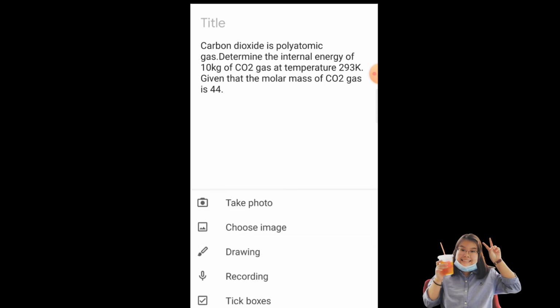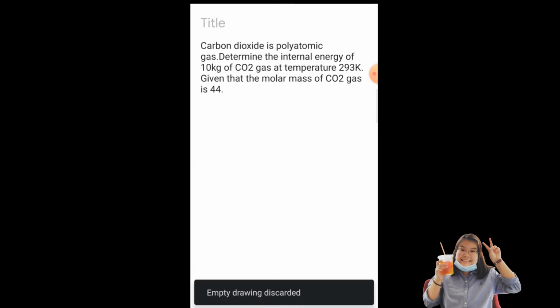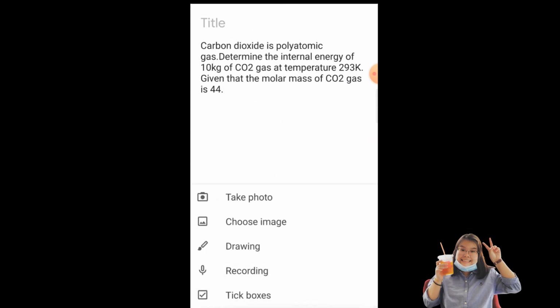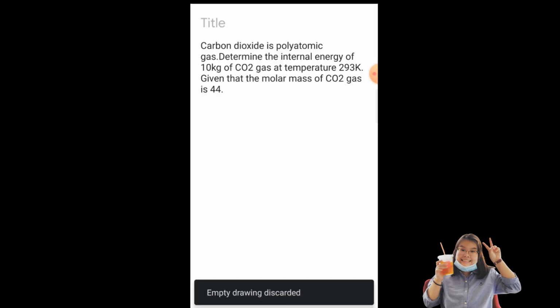I know that U is equal to f over 2 nRT. So we have the information polyatomic gas, which means that the degree of freedom f is equal to 6.